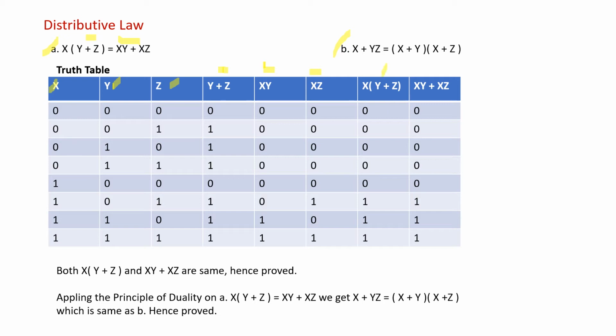Looking at the last two columns, we can see that the LHS is the same as RHS, and hence this theorem is proved. Again we apply the principle of duality on statement A, and we get statement B. By this we can see that statement B is also proved.